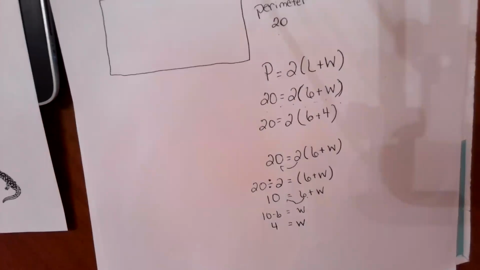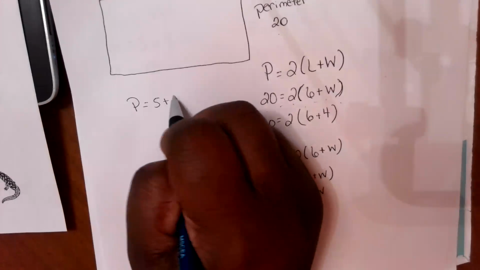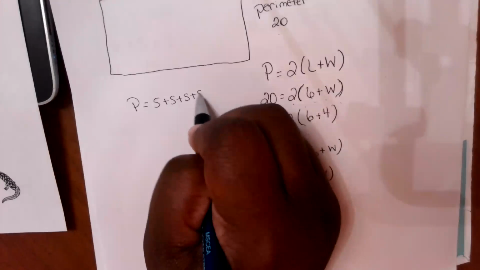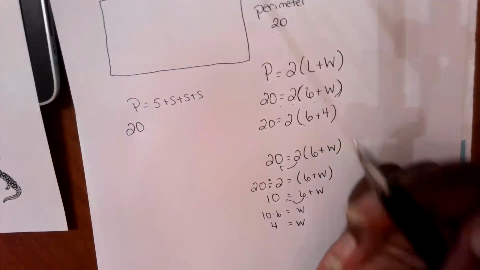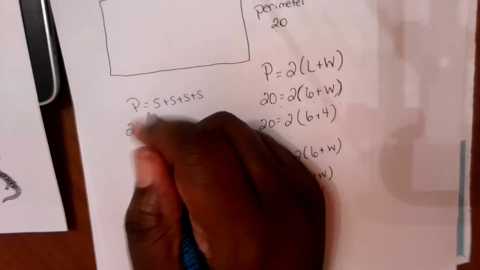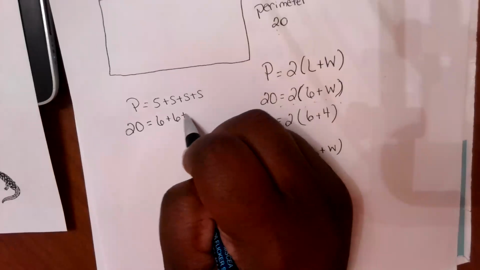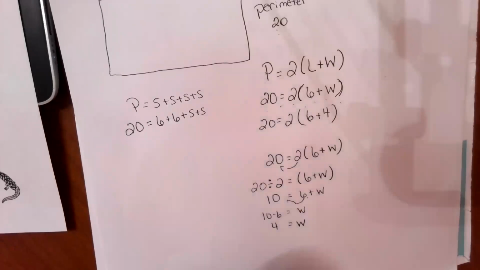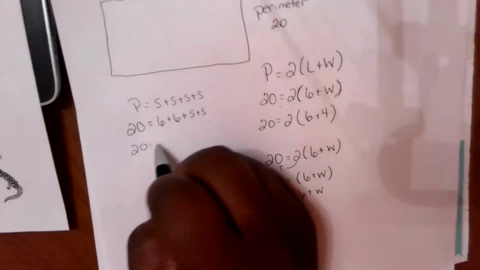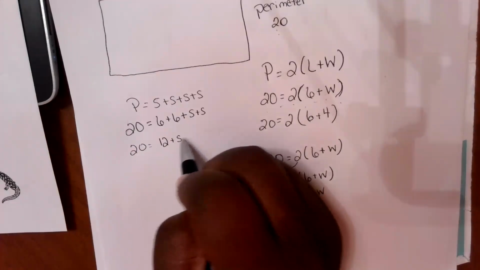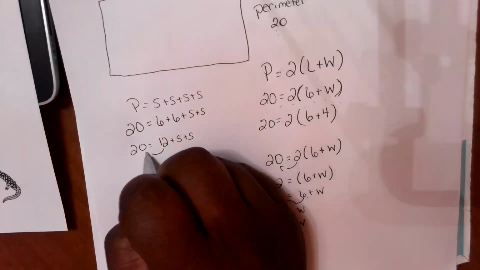So either way, or, I can still do it. Perimeter equals side plus side plus side plus side. And then I have 20 as my perimeter, because it gave me my perimeter, remember? Equals, I have my 6, my 2 6s, and then my other 2 sides I don't know. So I'll add these 2 together. 20 equals 12 plus S plus S. Then I'm going to do my inverse.